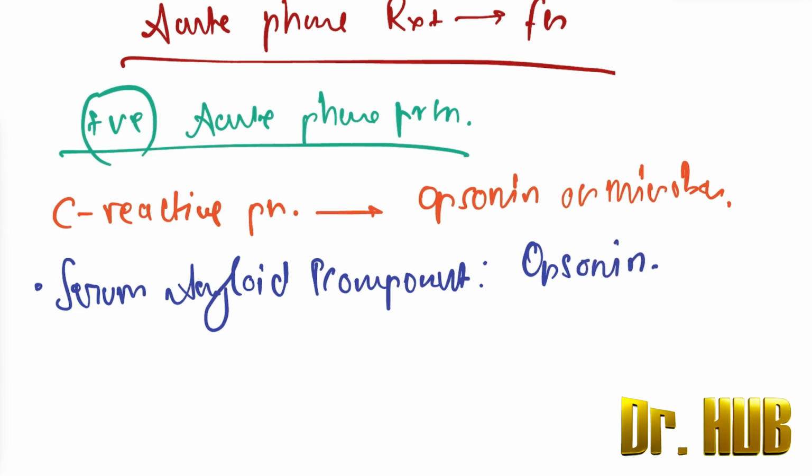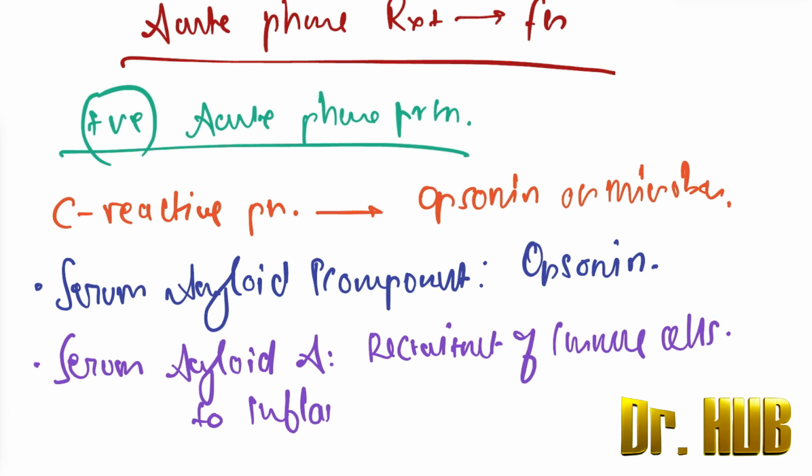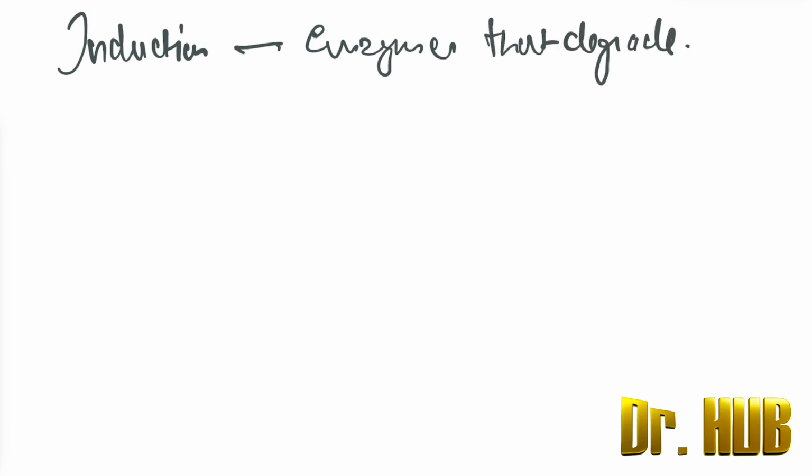Next, the serum amyloid A. This will be the recruitment of the immune cells to the inflammatory sites, and also it involves the induction of the enzymes that degrade the extracellular matrix.